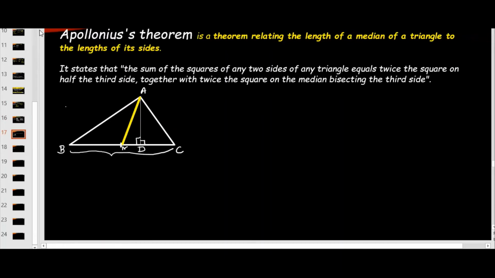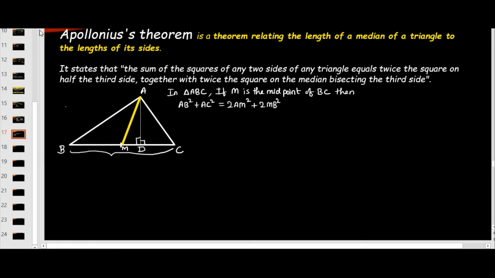And this point is M. Now, in triangle ABC, that is this big triangle ABC, if M is the midpoint of BC, then we can say that AB square plus AC square is equal to AM square plus 2MB square.